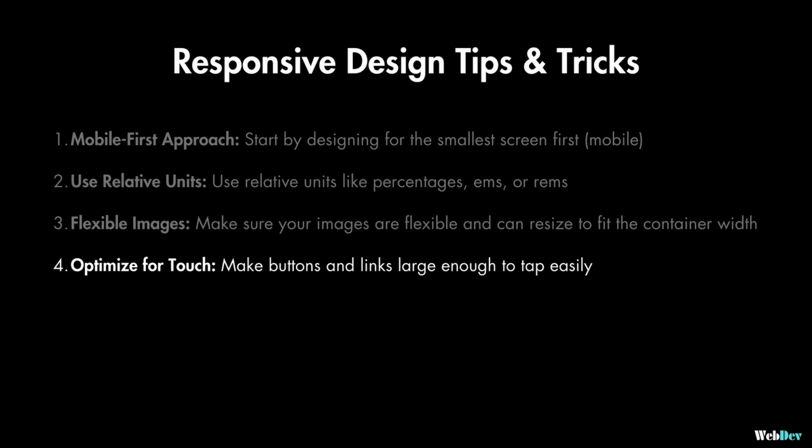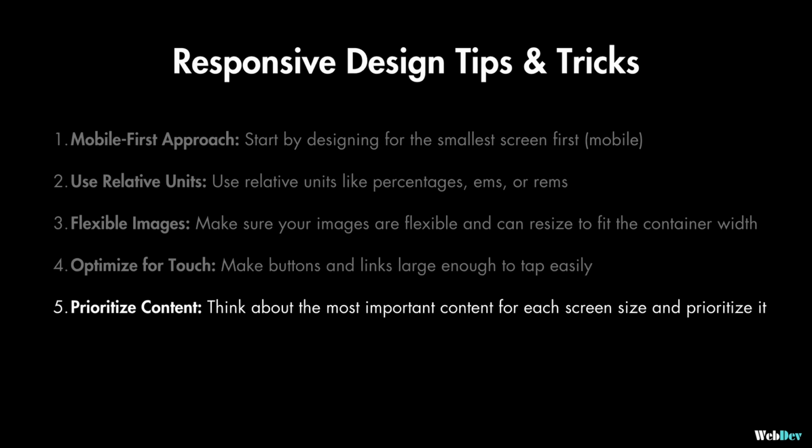You should also consider how users will interact with your website on touchscreens, and this means that you need to make buttons and links large enough to tap easily and avoid layouts that require precise hovering. And the last tip is to prioritize the content and think about the most important content for each screen size.